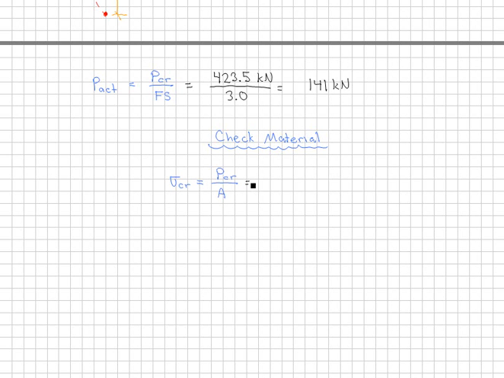So we enter in 423.5 kilonewtons. Area of the column is given as 7.5 times 10 to the negative 3rd meters squared.